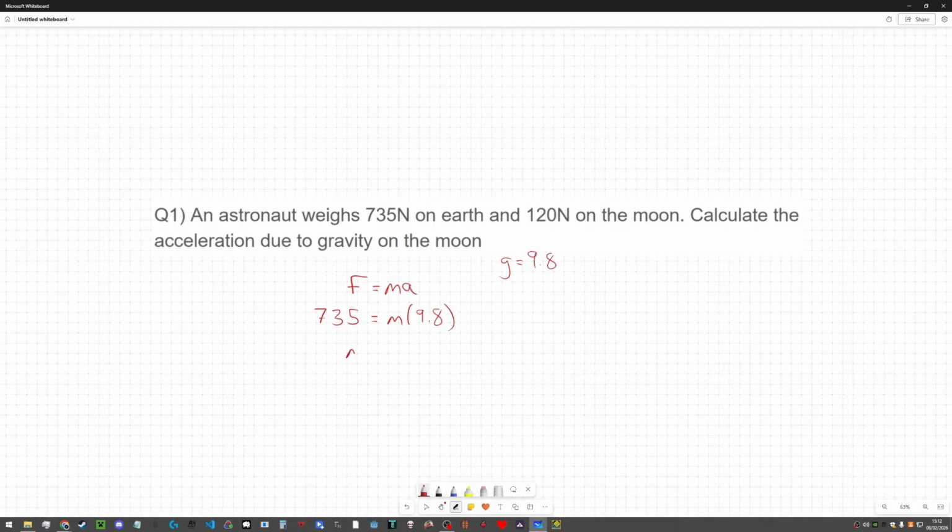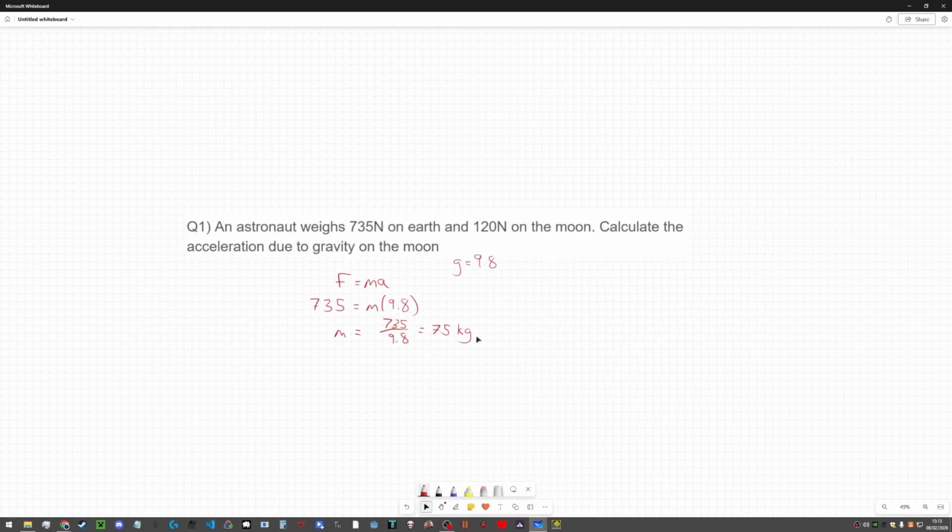From here, we can then work out the mass, which will be 735 divided by 9.8, which is 75 kilograms. So that's the mass of the astronaut we now know.